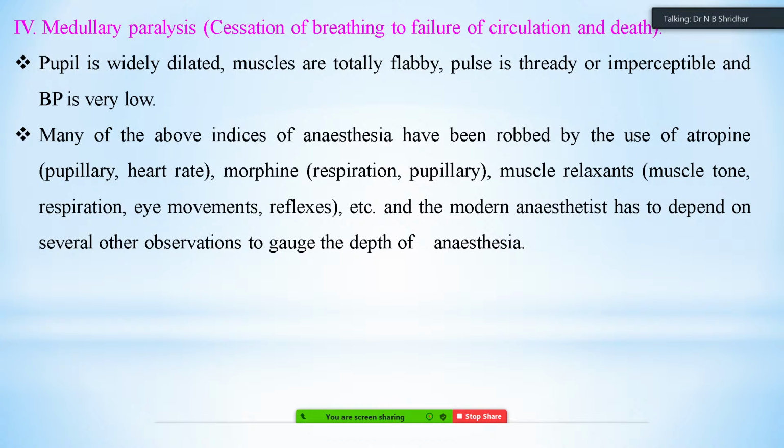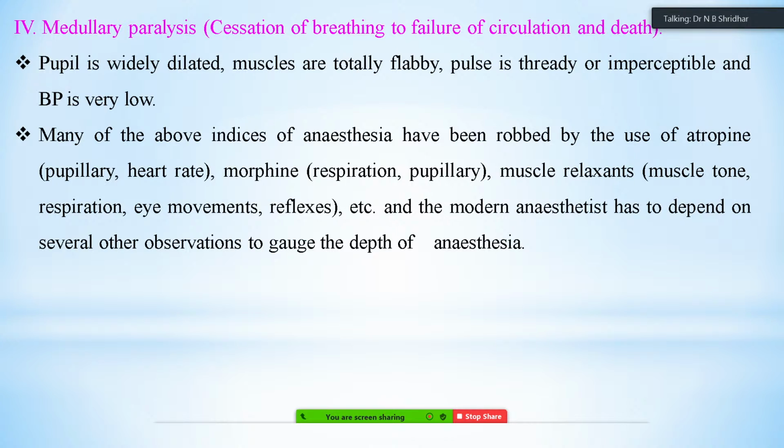Here the pupil is widely dilated, muscles are totally flabby, the pulse is feeble or imperceptible, and blood pressure will be very low. If you administer an overdose of injectable anesthetics, you will get this state, and it is very difficult to make the patient recover to normal.